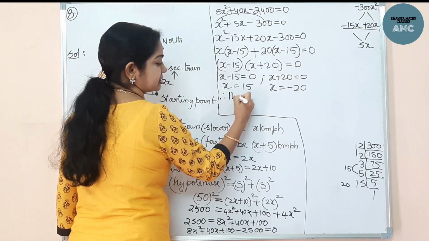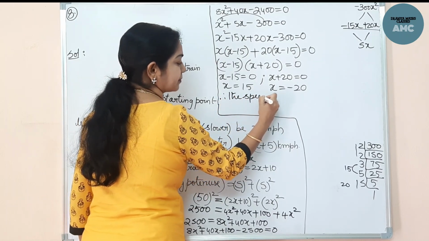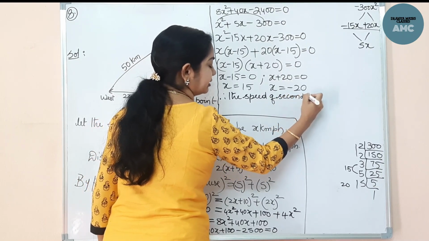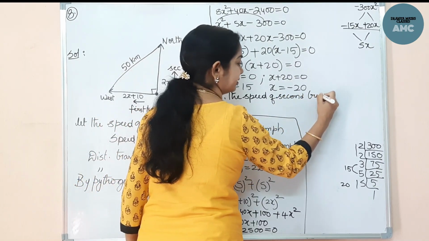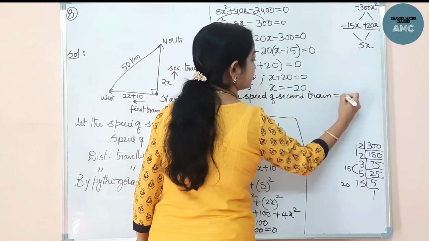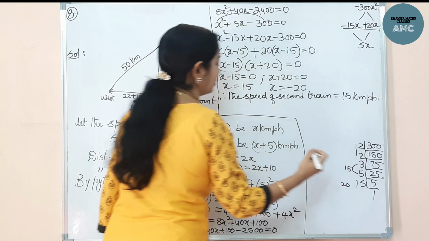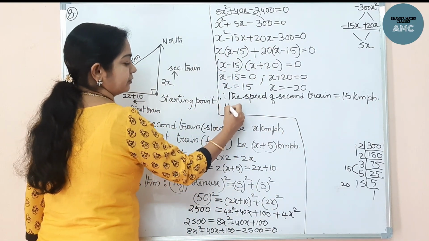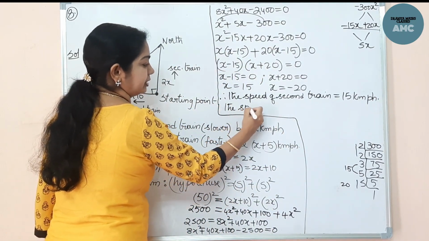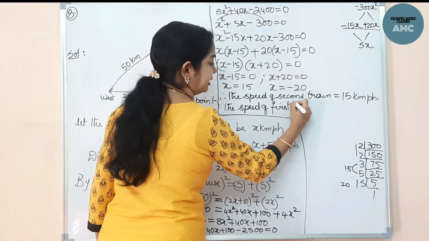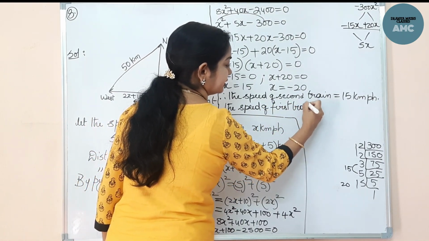Therefore, the speed of the second train, which is slower, equals 15 kilometers per hour. Now what is the speed of the first train? It is faster, isn't it?